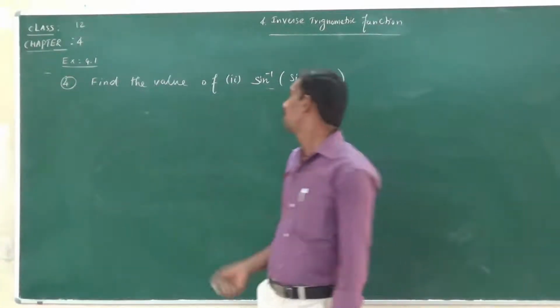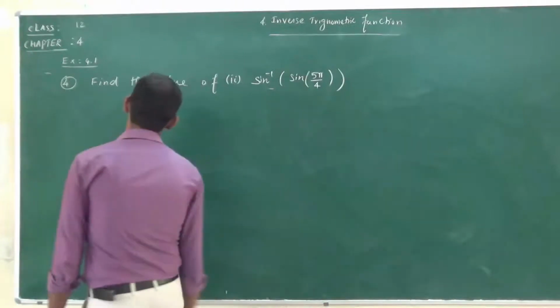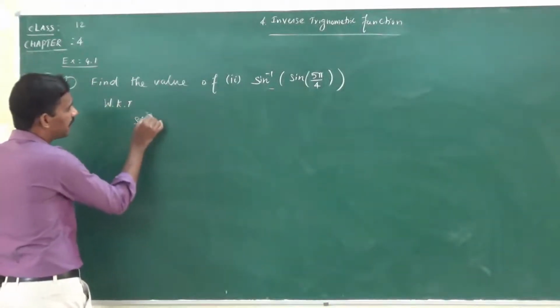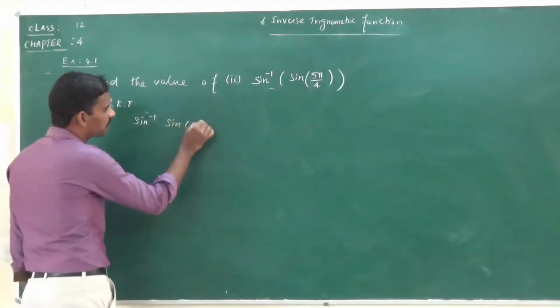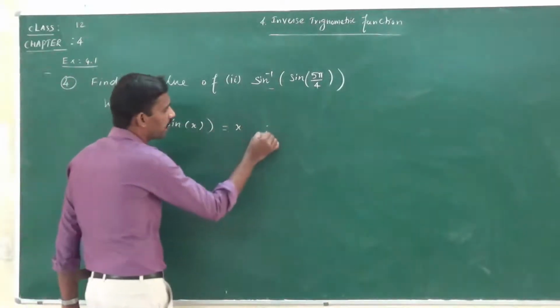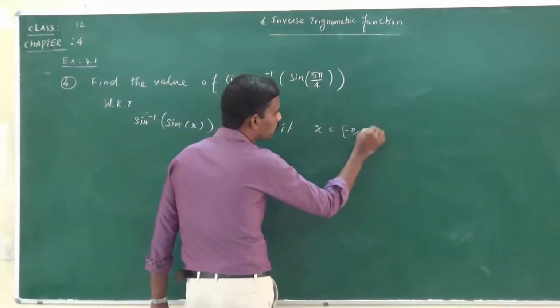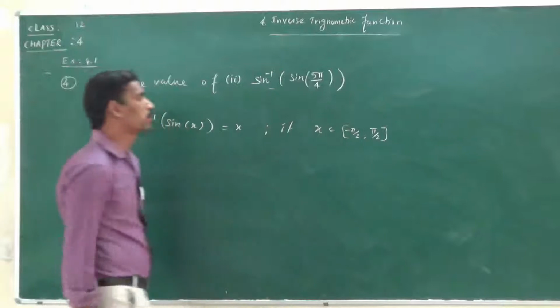The second one: sine inverse of sine of 5 pi by 4. We know the result sine inverse of sine of x is equal to x, if x belongs to the interval minus pi by 2 to plus pi by 2.